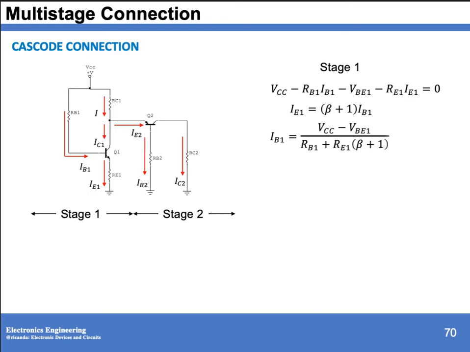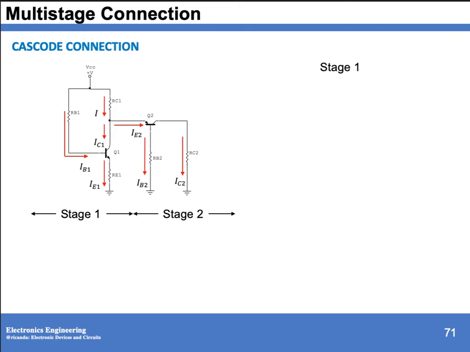Therefore, IB1 is equal to VCC minus voltage base emitter 1 all over RB1 plus RE1 times beta plus 1. And IC1 is equal to beta IB1, and the voltage base 1 is equal to voltage base emitter 1 plus RE1 IE1. And the voltage at your emitter 1 is equal to the voltage across RE1.